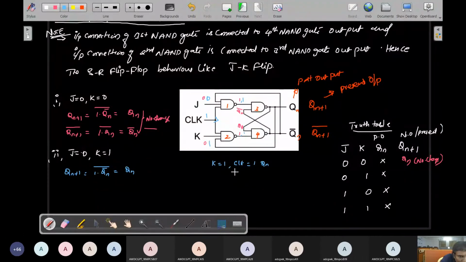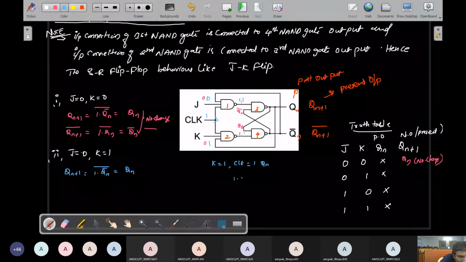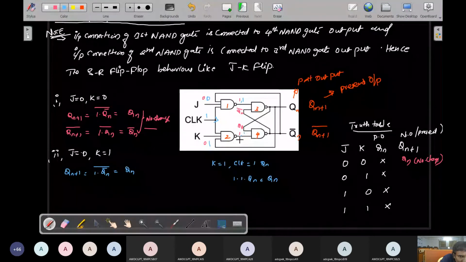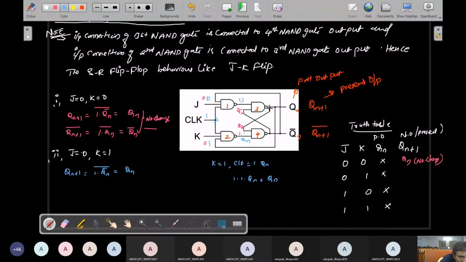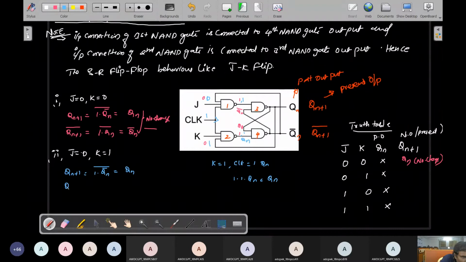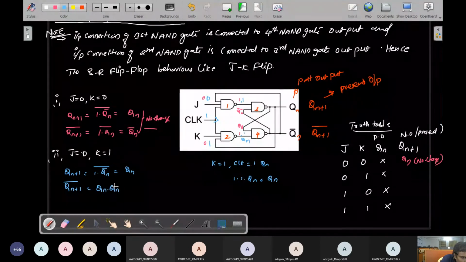So what about the NAND gate? 1 into Qn, so simply take Qn. Right now this output is Qn. Qn into this Qn, the input of the fourth NAND gate, is nothing but Qn. So the complementary port Qn bar is equal to Qn into Qn.